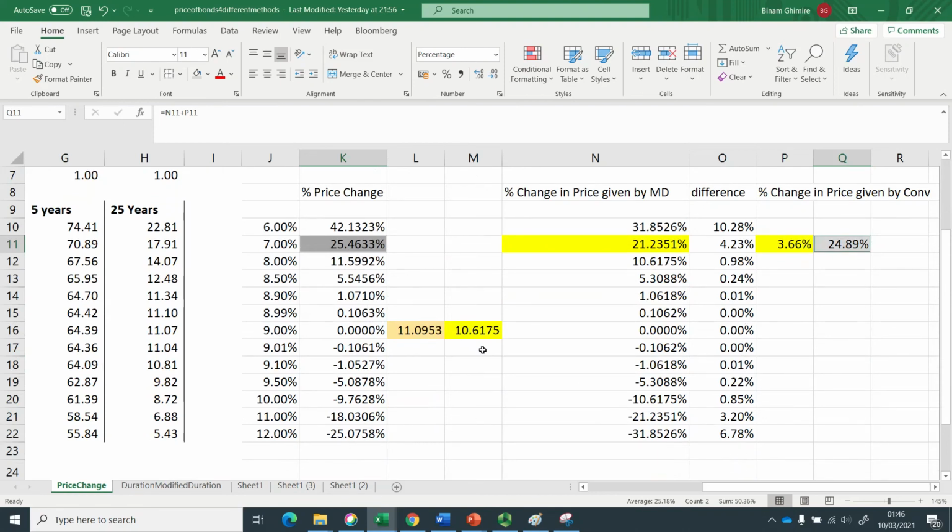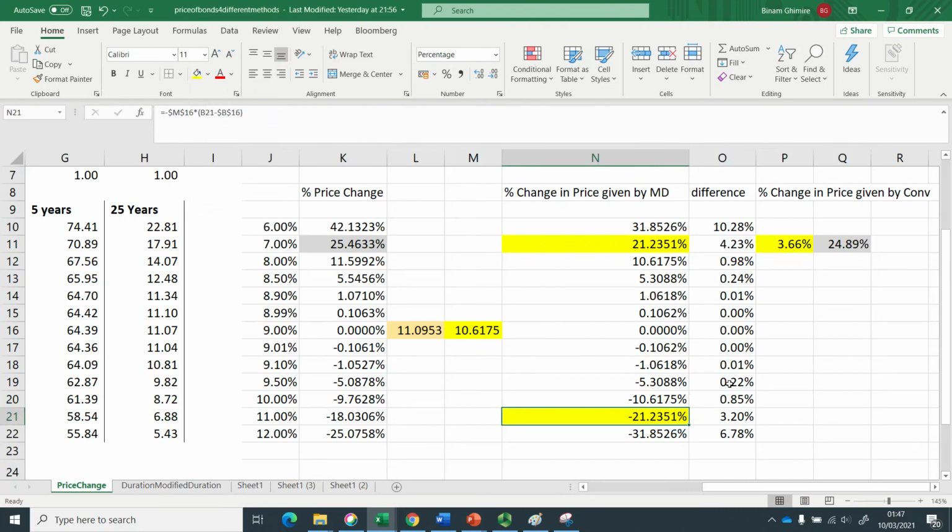Let's say a change, but on the higher side. So from 9% the yield grew to 11%. What is the percentage price change given by modified duration? It is negative 21.23%.